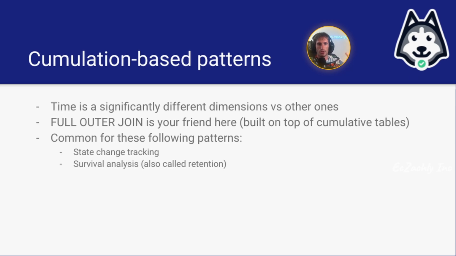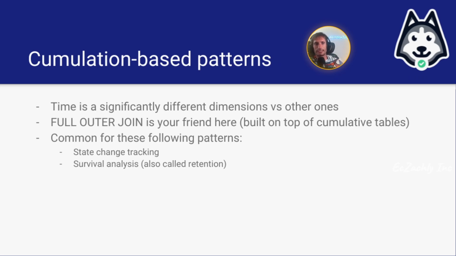And how you shift and change, like a slowly changing dimension, as you walk through your life. That's probably the biggest difference between a simple aggregation-based pattern and an accumulation-based pattern. And remember, full outer join, your best friend.